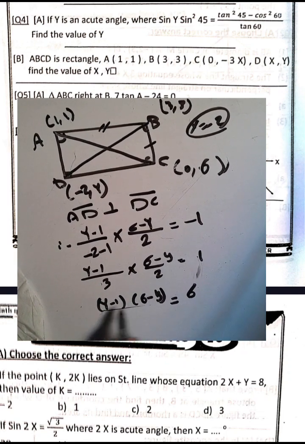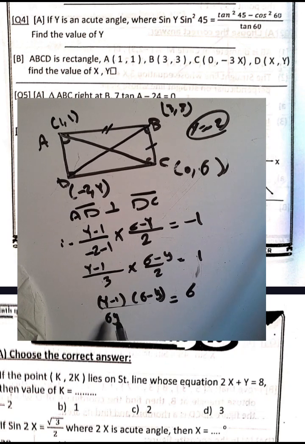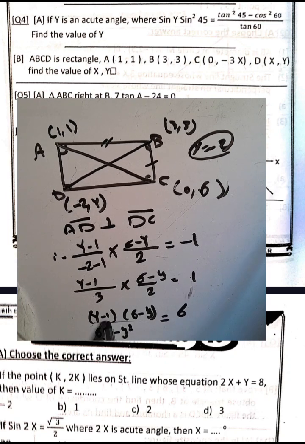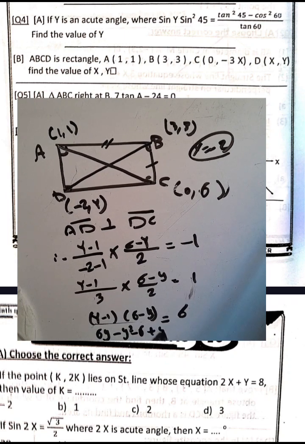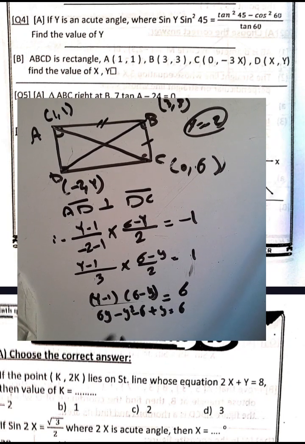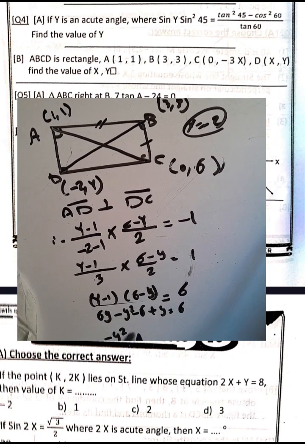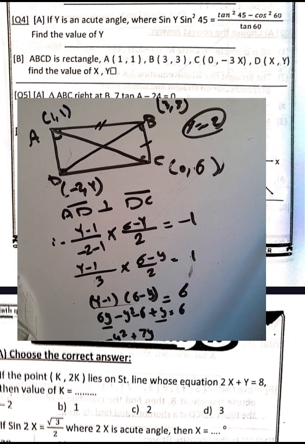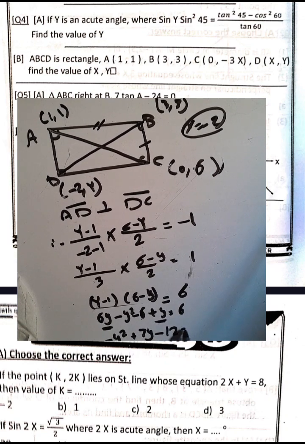We can write 6 times y, it will be 6y, and y times negative y power 2, -6, and positive y equals 6. Then you can write negative y power 2 plus 6y and y, it will be 7y. Okay, negative y power 2 and -6 moved here, it will be -12 equals 0.